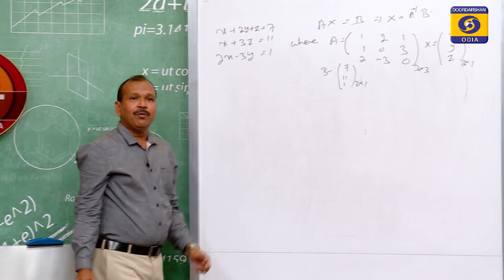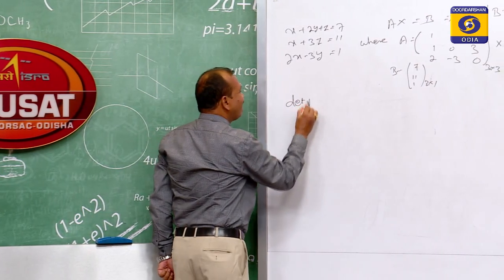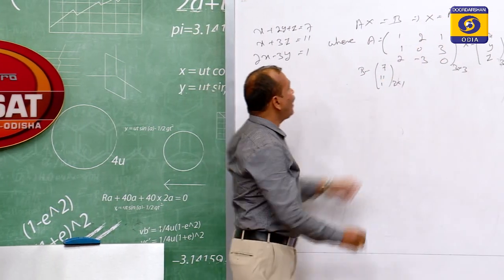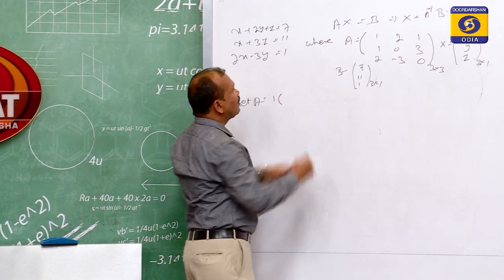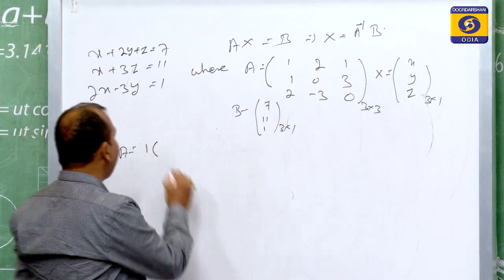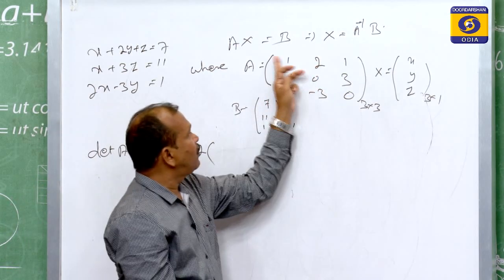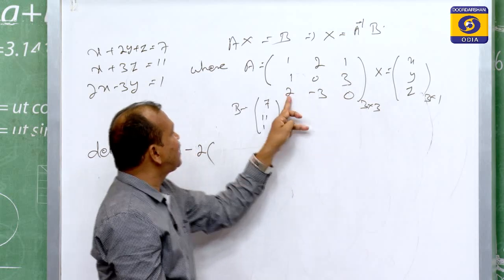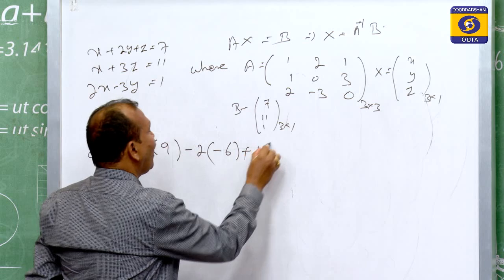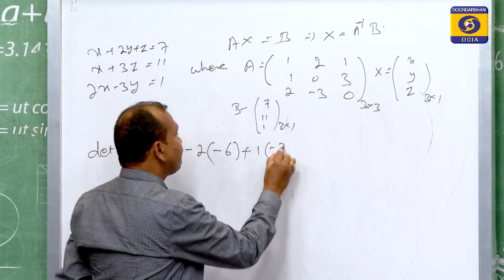What are the steps? First find det A. Expanding along the first row, we have 1 into 0 minus 9, plus 9, minus 2 into 0 minus 6, plus 1 into minus 3 into 0 minus 3.